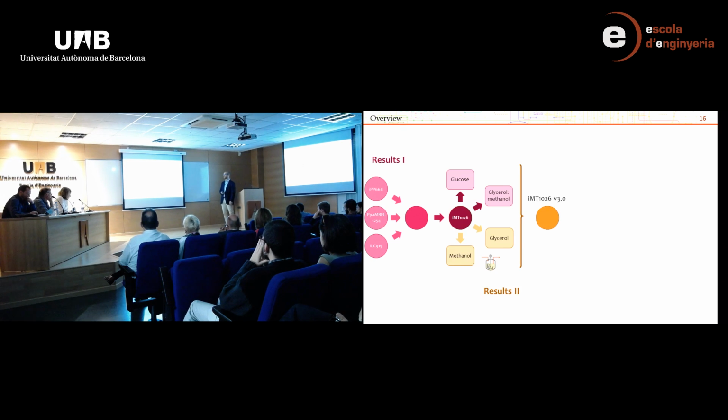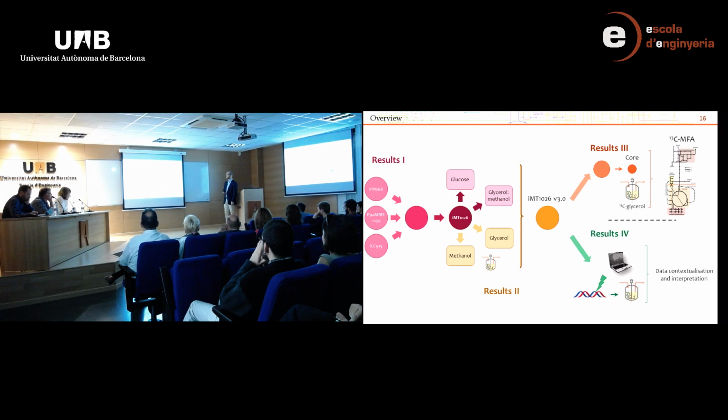In the second chapter of results, we extend this model to be able to predict growth on glycerol and methanol. And finally, in the last two chapters of results, I will present the two applications, that is the metabolic flux analysis and assisting the physiological data interpretation.